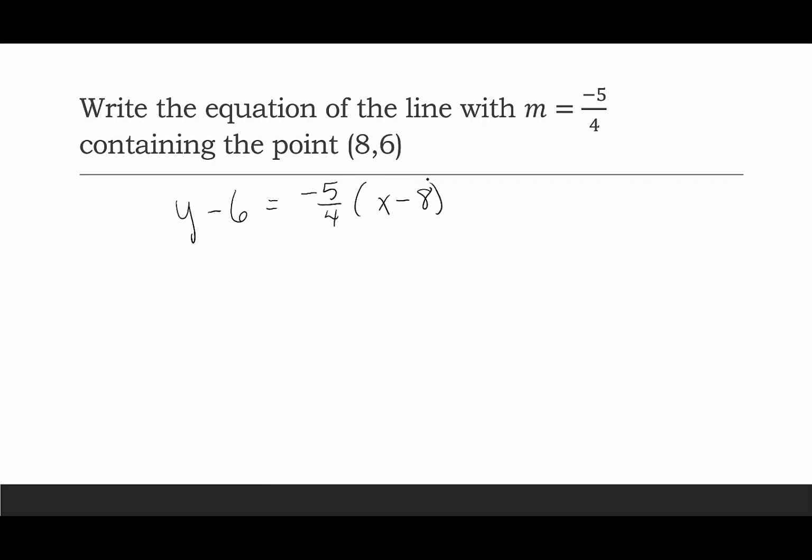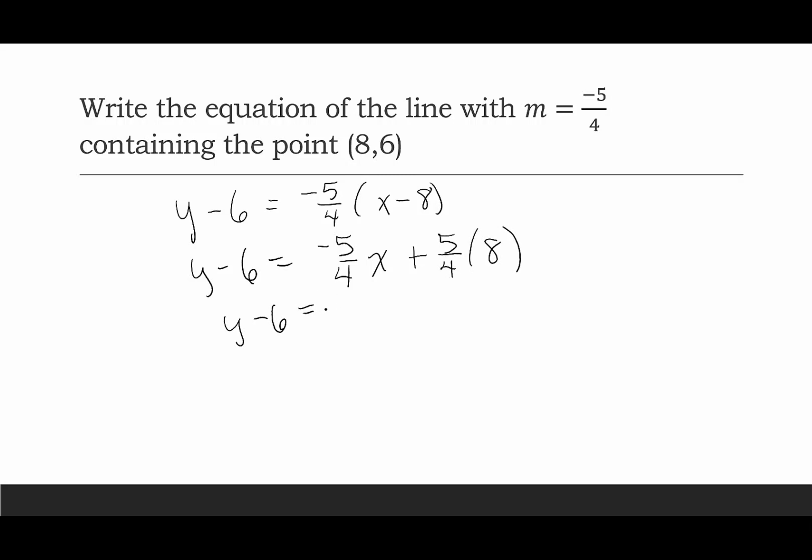This is an equation of a line, but it really doesn't give us much information. So let's rewrite it in slope-intercept form so that we can see what the y-intercept is and so we could easily graph it if we chose to. So we can leave y minus 6, but I want to distribute the negative 5/4. I have negative 5/4x. A negative times a negative is a positive, so I have 5/4 times 8.